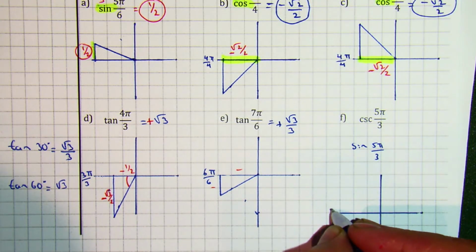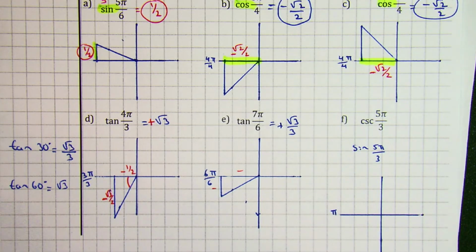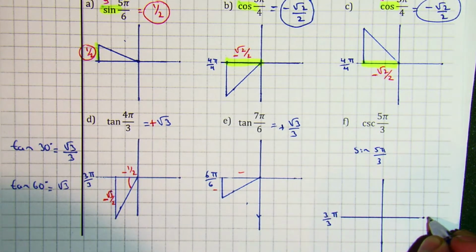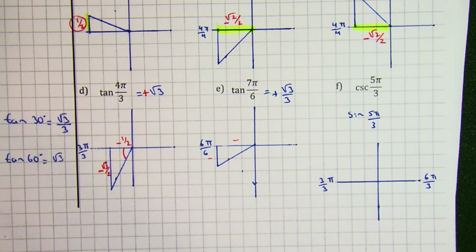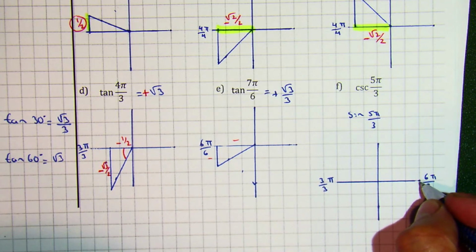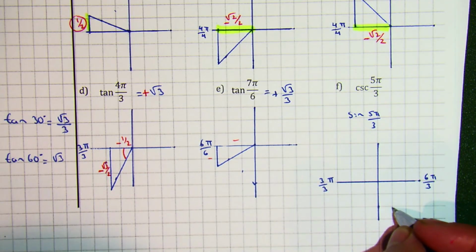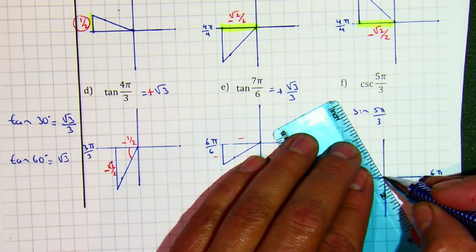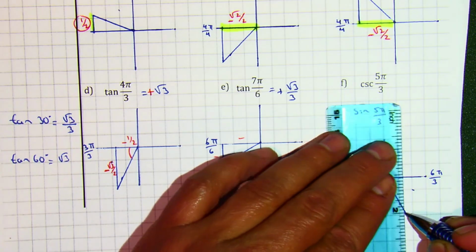So I know that this is 1 pi. So therefore, there'll be 3 thirds. This is 2 pi. So therefore, this will be 6 pi over 3. Do you agree? So therefore, 5 thirds will be 1/3 less, which is your 60 degrees. Therefore, your angle will be here, the same as 330 degrees.